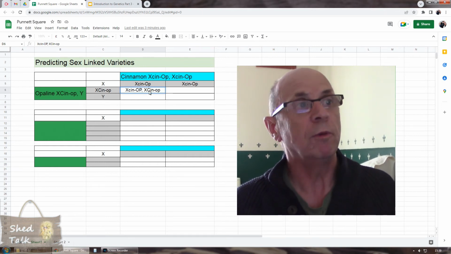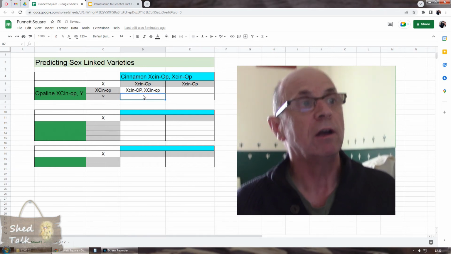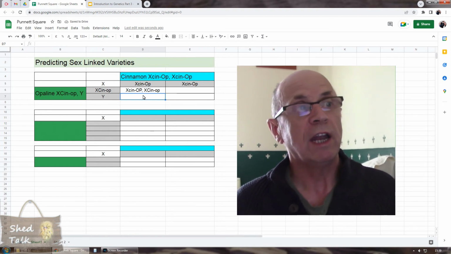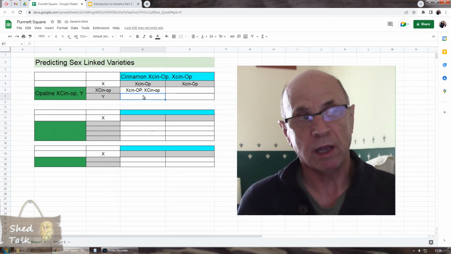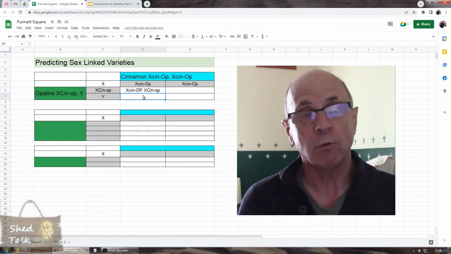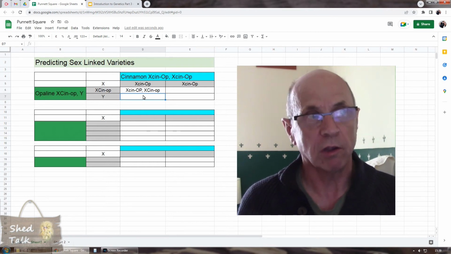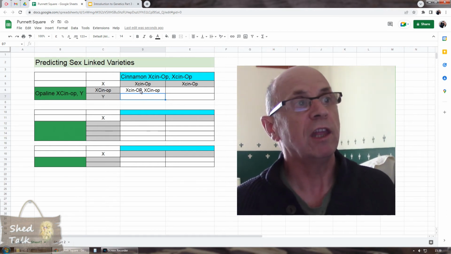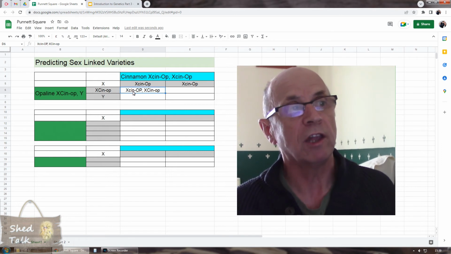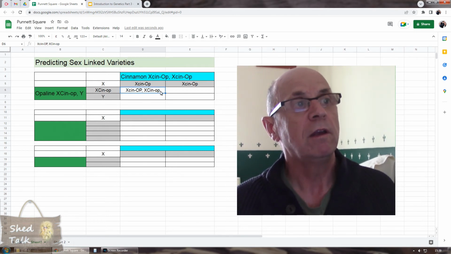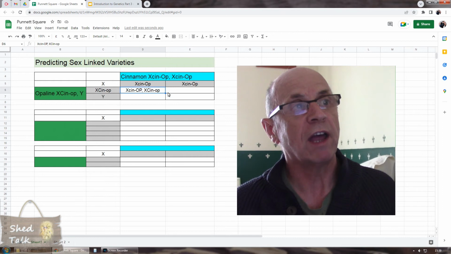So both of those two will be on the same chromosome. So this bird here will be a cockbird, and it will be split for both opaline and cinnamon, but the splits will be on different chromosomes. Okay, so the split cinnamon is on that chromosome there, and that split opaline is on that chromosome there.